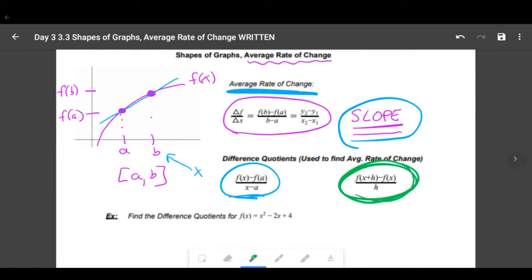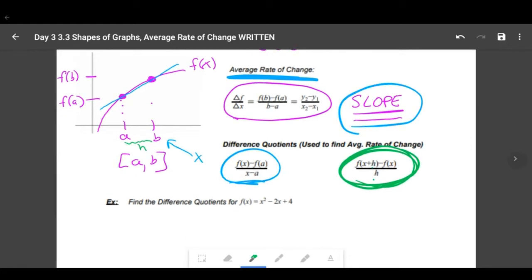And that h, what that h represents, the h is the difference between those two x values. And that's why we say the second x value is x plus h. That's the difference between them, whereas x is where you're starting from. Now, this h that's down here, somebody's saying, well, where'd that h come from?